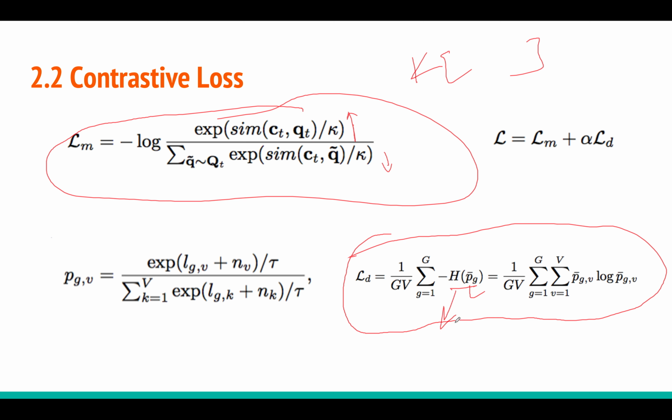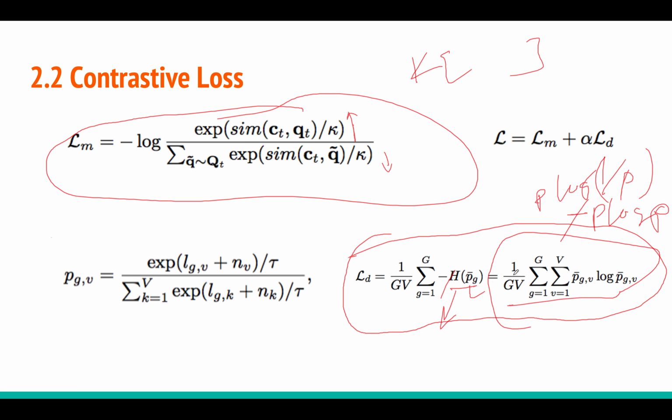H is nothing but the entropy equation, as you guys know, p log 1 over p, and if you take the inverse inside, you will get minus p log p, and this minus gets cancelled, now you will get this equation. And here G is the number of groups, and V here is the number of code vectors within each group.